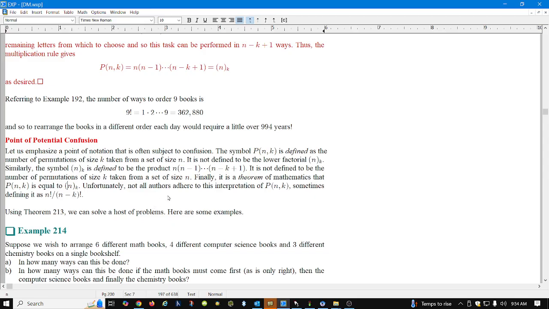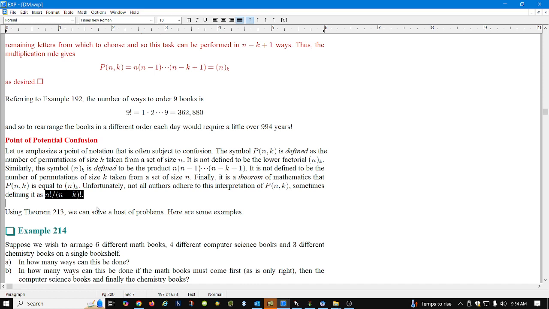Unfortunately, not all authors adhere to this interpretation of P(n,k). Sometimes you will find an author who says P(n,k) is defined to be n factorial over (n minus k) factorial.